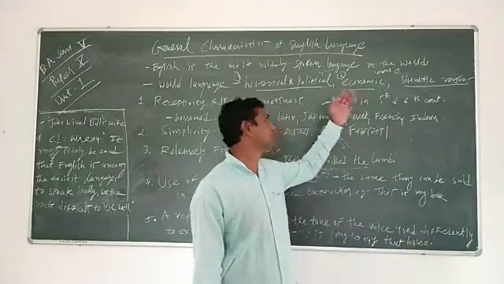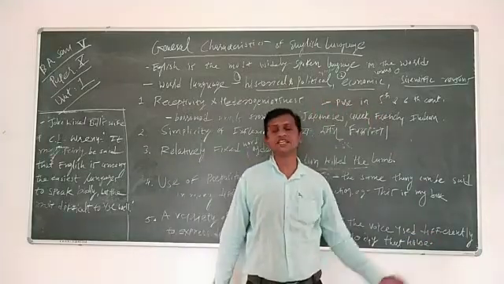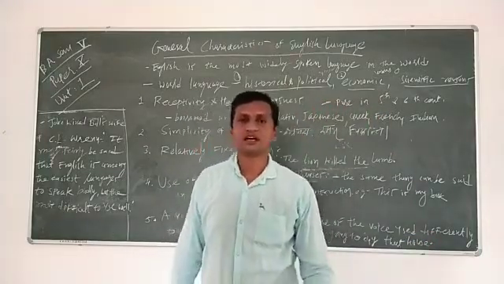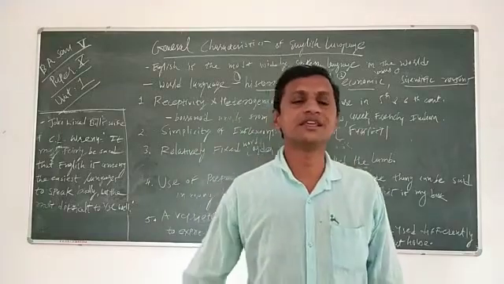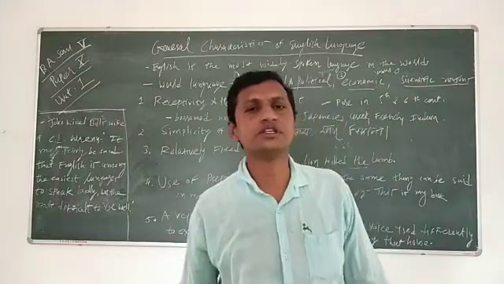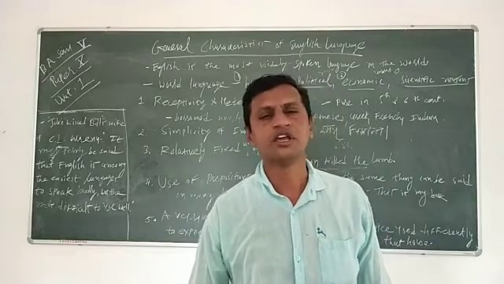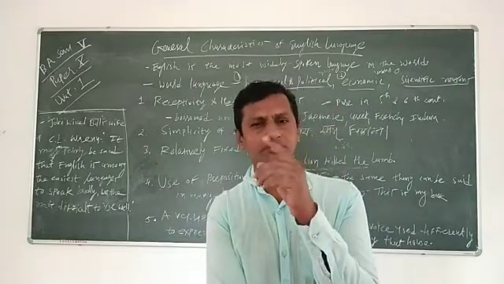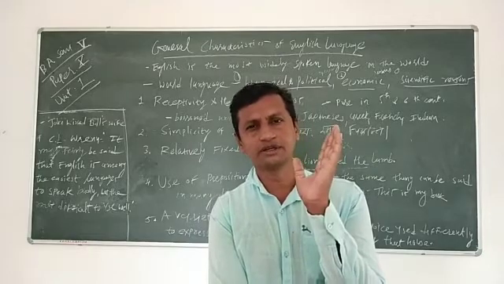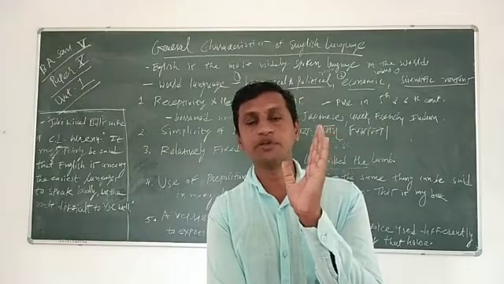And the third one is scientific reasons. In the 17th to 19th century, during the Industrial Revolution, there was a scientific revolution. A number of scientific inventions happened. We know about that.